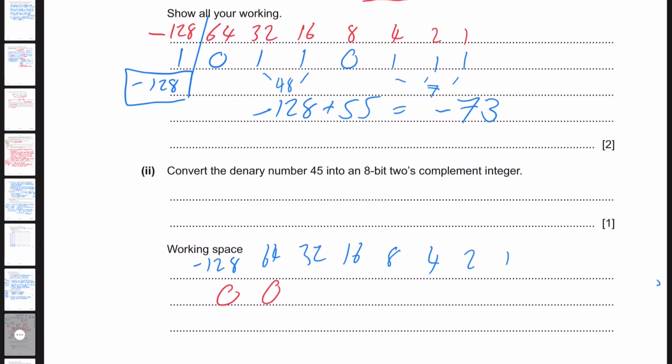There's none of those. We've got one of those, which is 32. 32 plus 16 would give me 48, so there's none of those. 32 plus 8 would give me 40, so there's going to be one of those. 44, none of those, and one of those. Okay, so the correct answer there would be 0, 0, 1, 0, 1, 1, 0, 1.